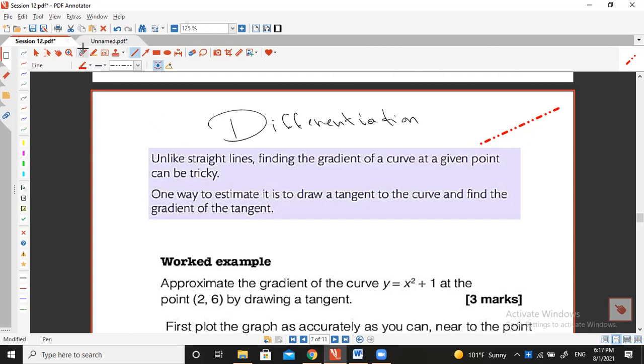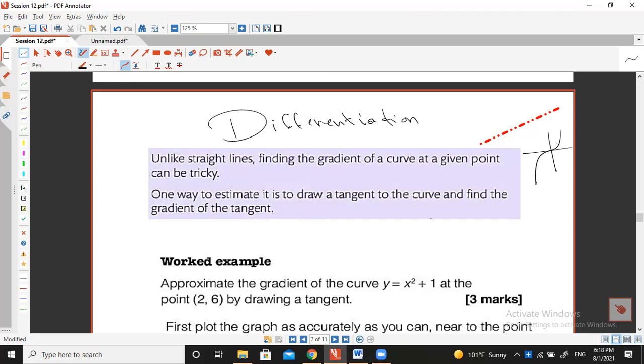But if you have a curve, how can I find the gradient of the curve or the slope of the curve? It says, unlike the straight line, finding the gradient of a curve at a given point can be tricky. Why? Because you need to draw a tangent to the curve and then find the gradient of the tangent at this point.